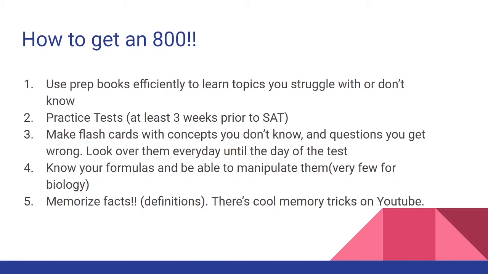And know your cellular respiration, know your photosynthesis, know what's needed for photosynthesis, know your light-dependent reaction and your light-independent reaction. Know all of them. Know your Calvin cycle. And just memorize these little definitions like ribosomes, vacuole.